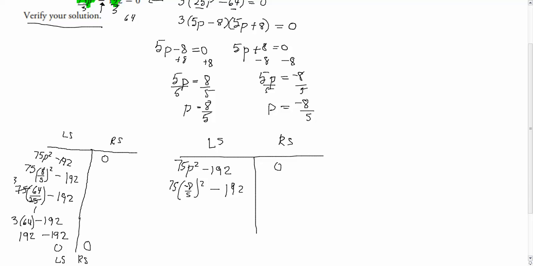And when we square negative 8 over 5, we come up with 64 over 25 as a positive number, all multiplied by 75, and again, minus 192. If we calculate that out, we're going to see that we get 0. So again, the left side equals the right side.